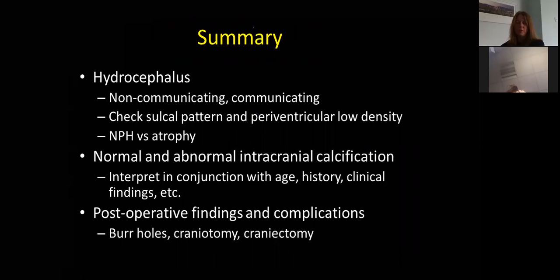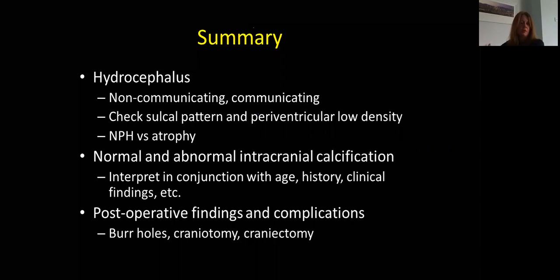So just to summarise what we did talk about, we talked about hydrocephalus last week. The key points for assessing hydrocephalus: is it an acute thing? Check periventricular low density. Check sulcal pattern. Is there atrophy, for example, producing big sulci? We looked at a case of NPH versus atrophy. We looked at normal calcifications, abnormal ones. It's really important to interpret these in conjunction with the age, history, and clinical findings.